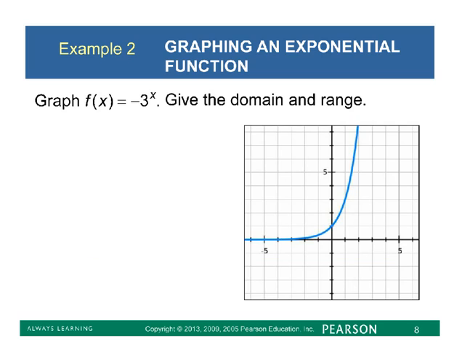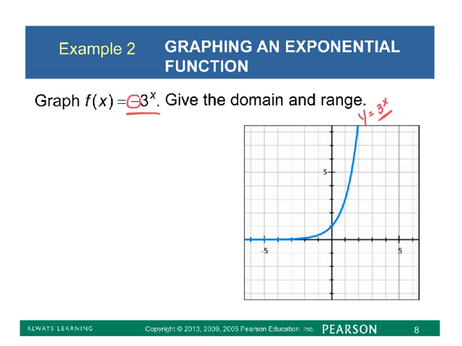So here is an example of graphing an exponential function. What I have graphed already here is the function y equals 3 to the x. And so what I'm asking us to graph is this right here. And if you remember from all of our transformations of graphs, when we put a negative in front of our function, we get a reflection across the x-axis. So what this is going to look like is this right here.